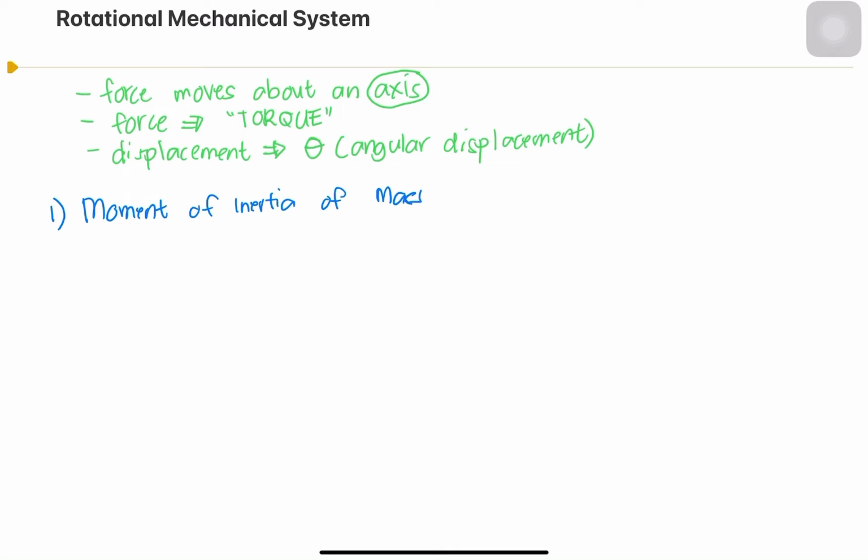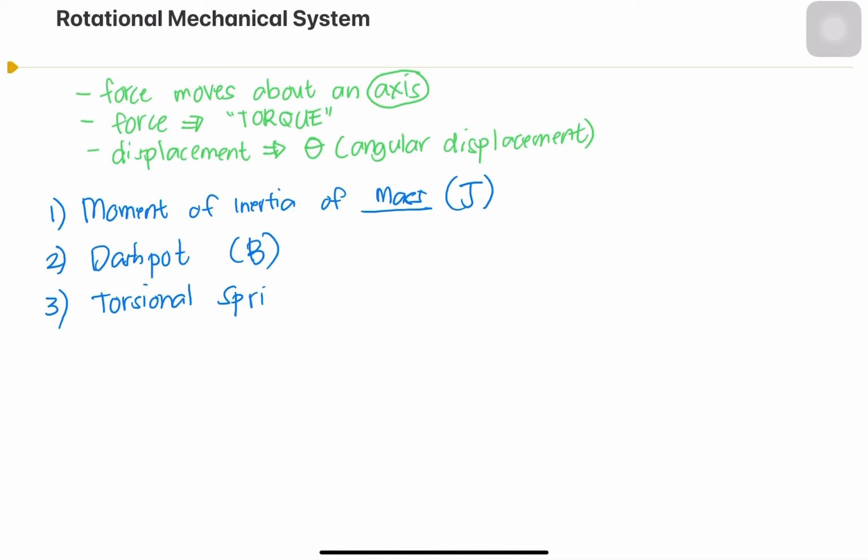We can simply call it mass here, but it is denoted by letter J. Then we also have the dashpot, but this one is for rotational. The dashpot, we also call B for friction. And then lastly, instead of spring, it becomes torsional spring, and we also use letter K for that.